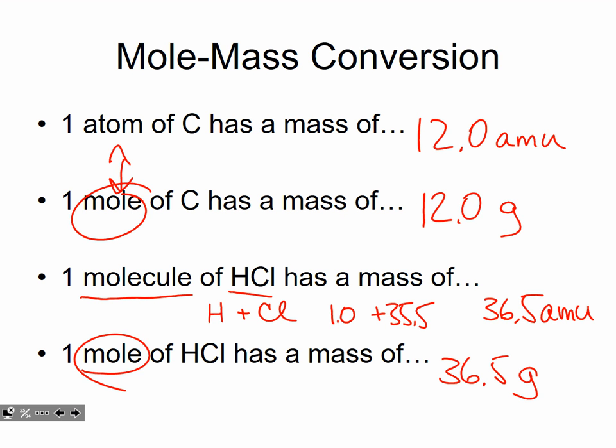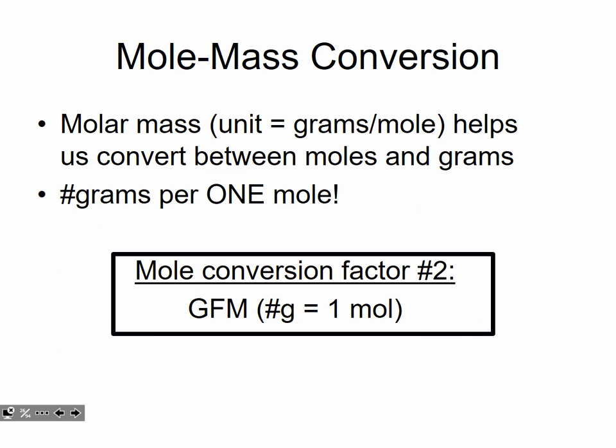So the big point here is that the mass of a mole is a number that we get from the periodic table. It's the same number as atomic mass. We've simply scaled everything up, so we've changed the unit from AMU to grams when we talk about 1 single thing versus an entire mole of that thing.